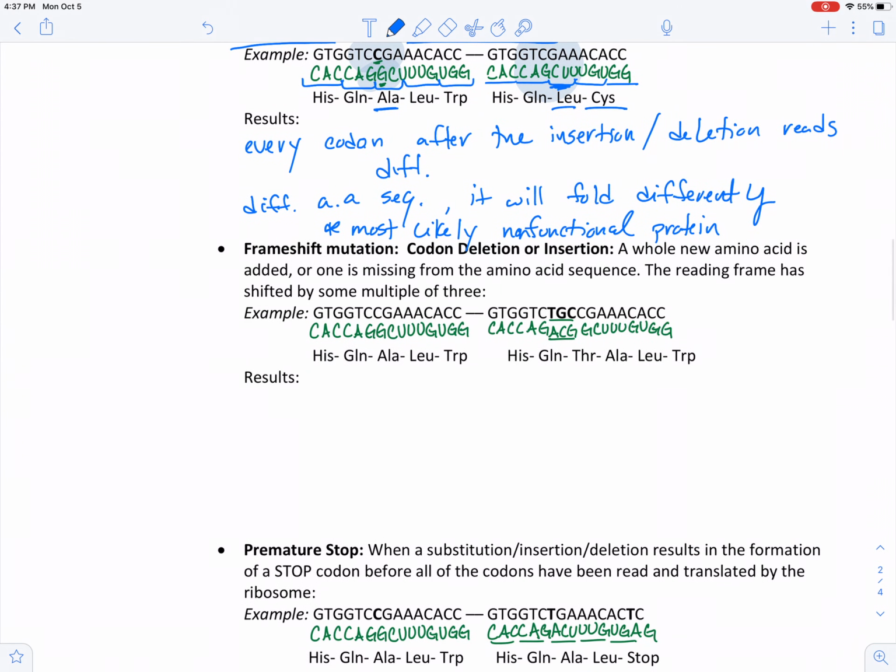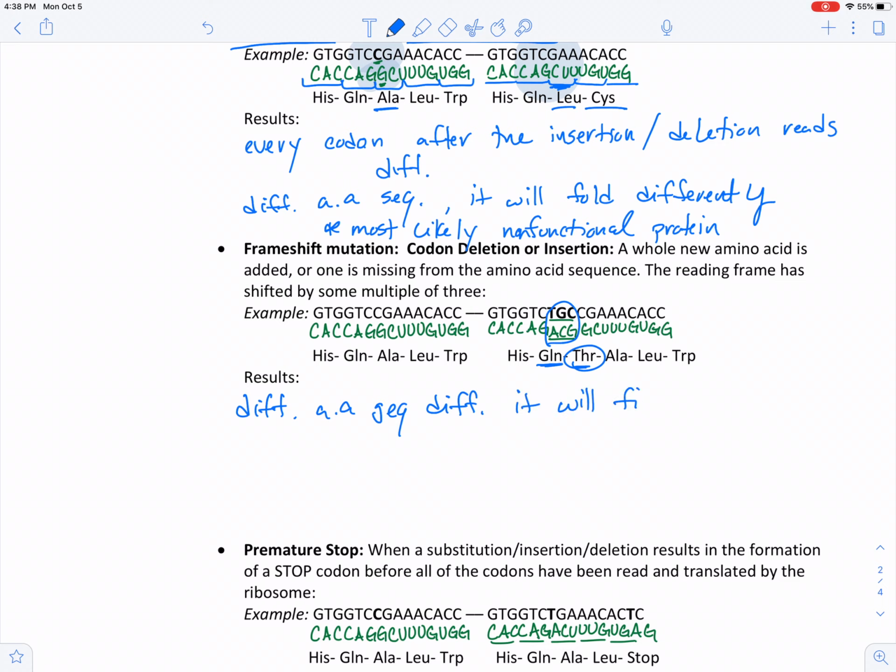So if you delete or insert multiples of 3, what you get is an additional or missing amino acid. So in this case, there is an addition that occurs right here. So after this particular amino acid, you get a bonus amino acid. But in this case, you still have a different amino acid sequence. And anytime your amino acid sequence is different, it will fold differently.